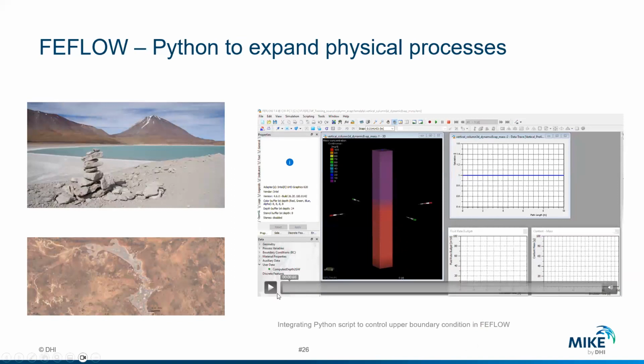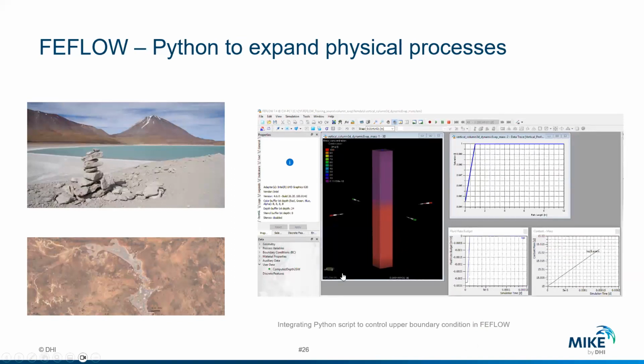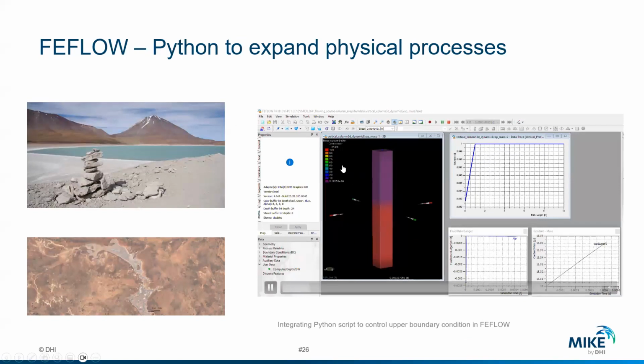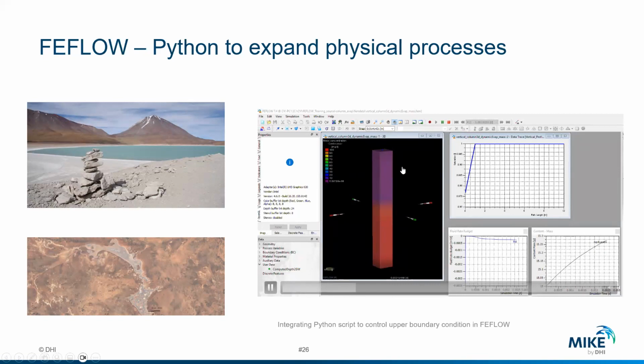So I don't know if I can press here. Yeah, this is a short video for demonstration purposes where you see in the lower part of the domain there is a high concentration, 100 milligrams per liter of some salt or heavier fluid, and then there is an evaporation source flux on the top. So if you model with FEFLOW, you will expect to see this redistribution of the mass from the lower part of the domain into the upper part.